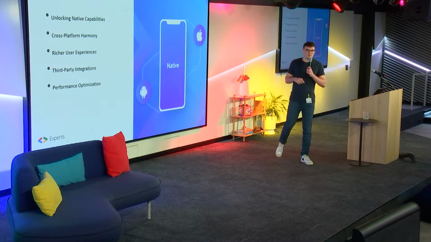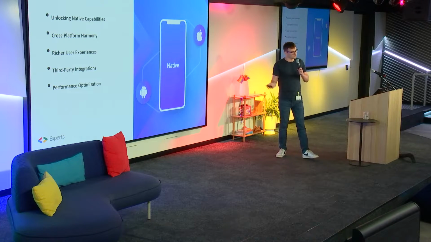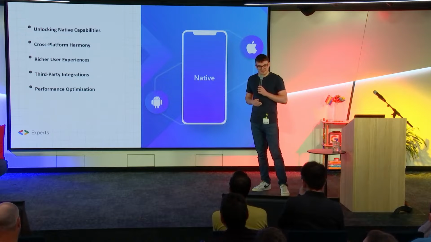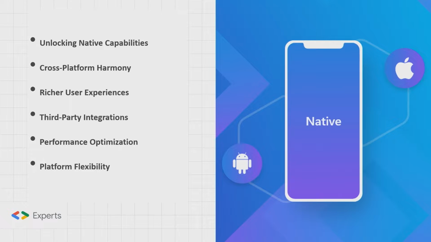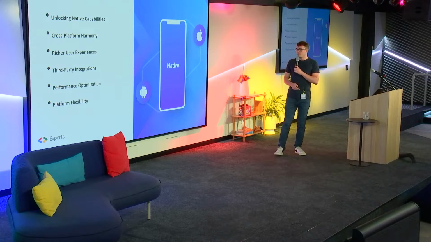No idea why that could happen, but sometimes you may need to move that logic inside of the native platform for whatever reason. Could yield some performance optimizations. And lastly, platform flexibility. We want to be able to run our app on all platforms, or as many platforms as we need, right? And hooking into those native capabilities will allow us to keep that platform flexibility.